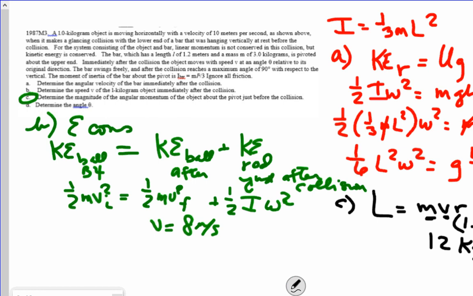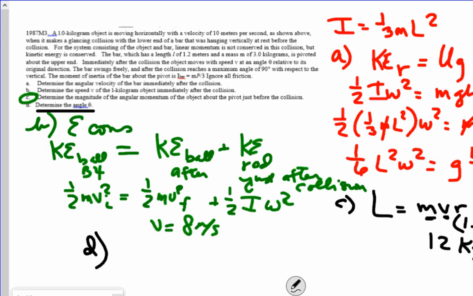All right, last question. Determine angle theta. Now here we might go, oh man, what am I supposed to do? This is where we're going to use some conservation of angular momentum. Again, you didn't convert linear momentum of the blob to angular momentum at the end.